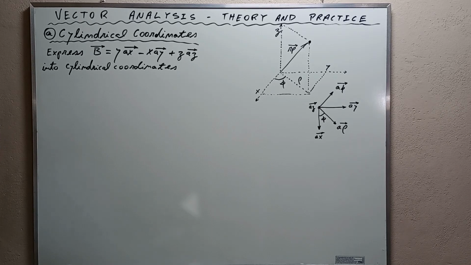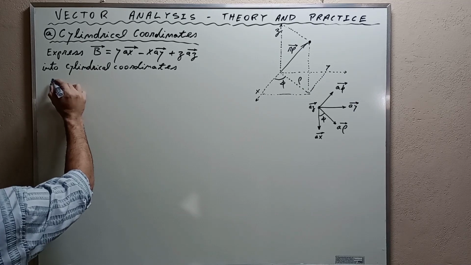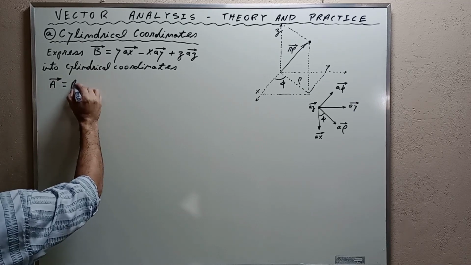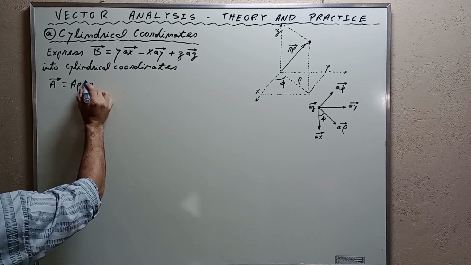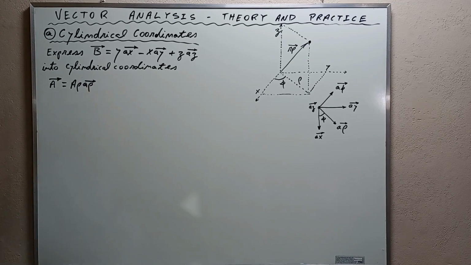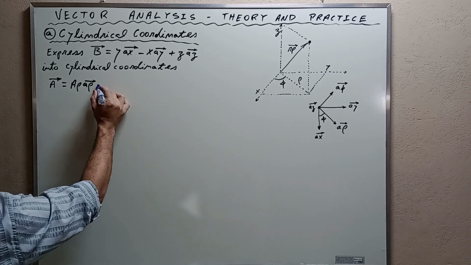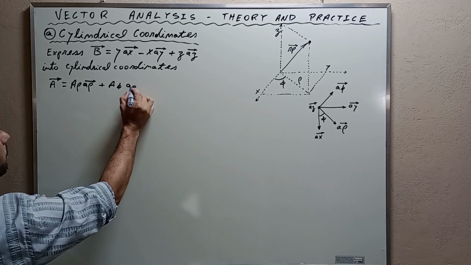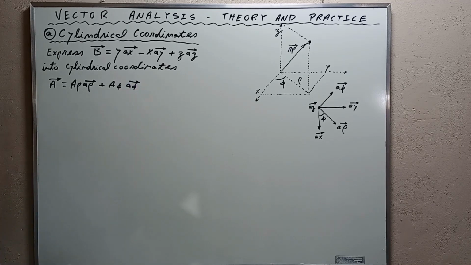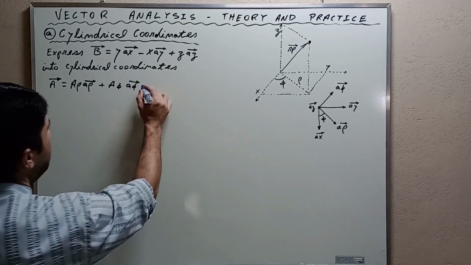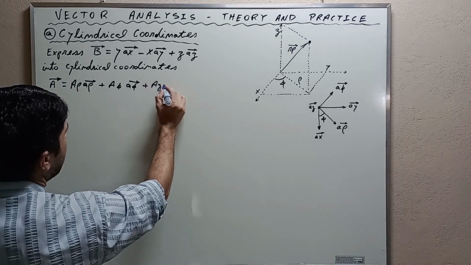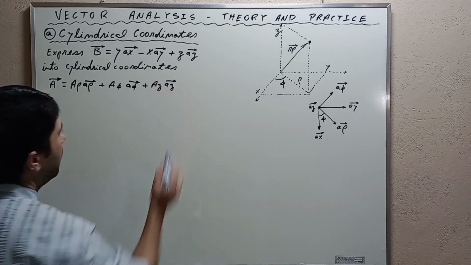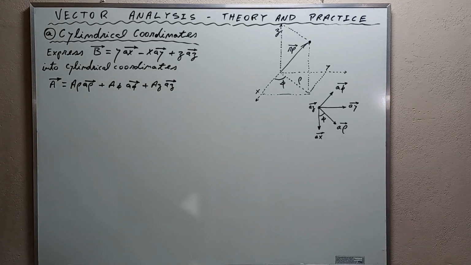Any vector can be expressed in cylindrical coordinates as A is equal to a rho in the rho direction plus a phi in the phi direction plus a z in the z direction.